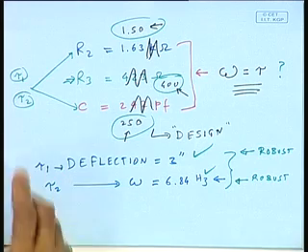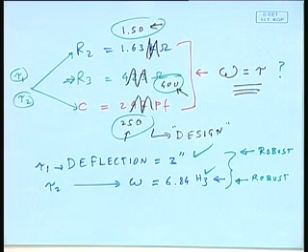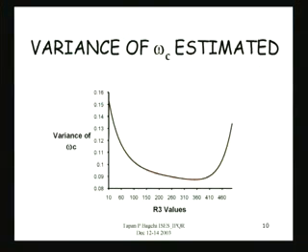And let me show you what we saw. What was seen when we tracked the variance of omega C. Omega C is now our cutoff frequency. The variance of that corresponding to different values of R3, because R3 was a different variable. Remember, for a given value of R3, we could choose C and R2 in such a way that would meet the 2 targets, tau 1 and tau 2.